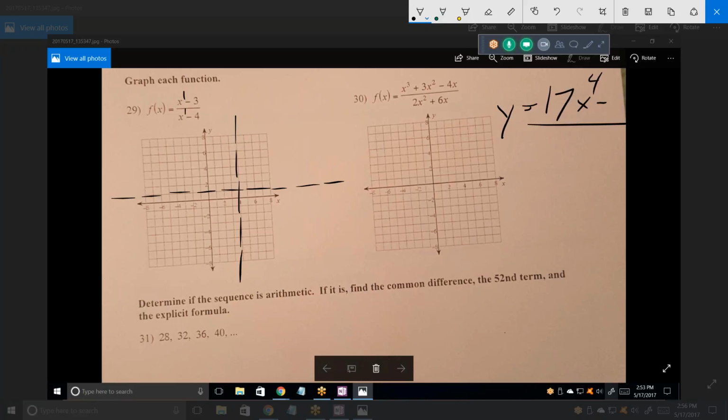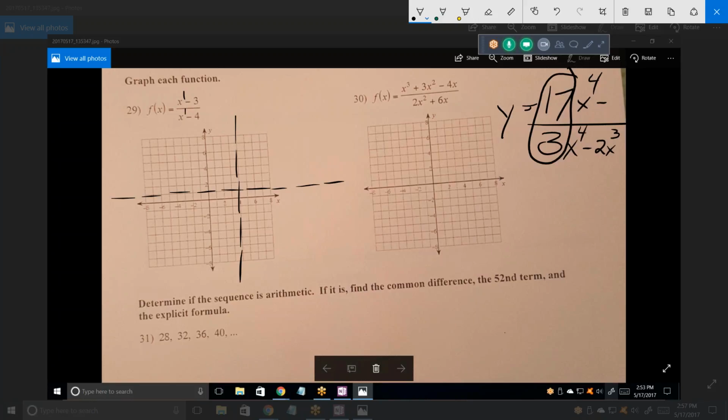As long as x to the fourth is the highest degree and the bottom has the same thing, I could still have a 2 million x to the third. Wouldn't matter. The only thing that matters is the highest degree. That is the horizontal asymptote, 17 divided by 3.